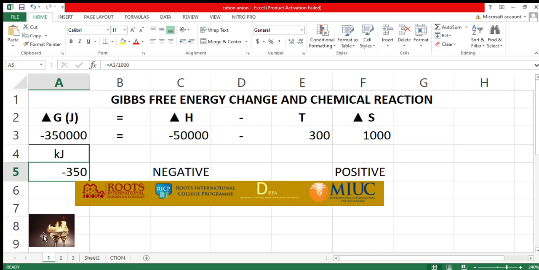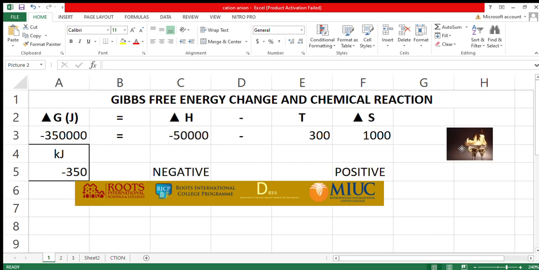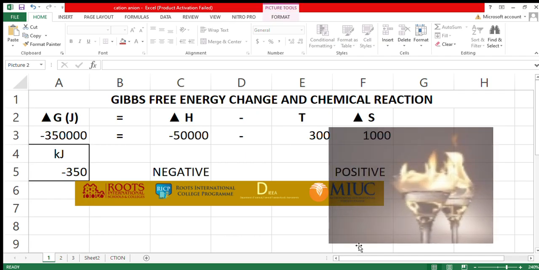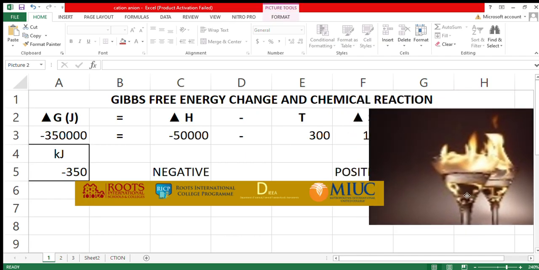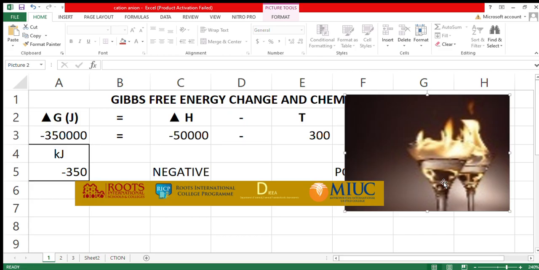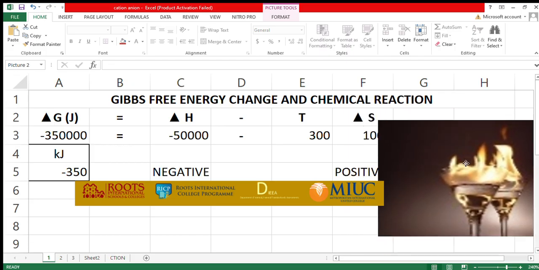An example of such chemical reaction is burning, as you can see from this picture. Some fuel burning, petrol burning, gas burning, gasoline burning, natural gas burning, in which the heat is releasing out and the change in entropy is also positive.